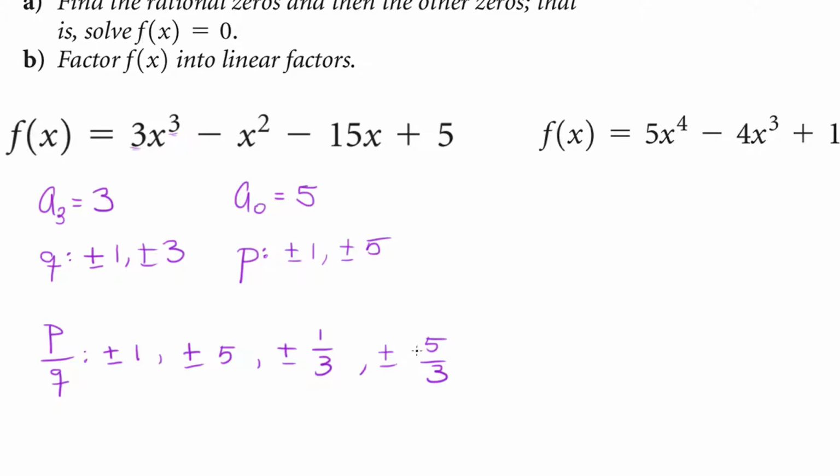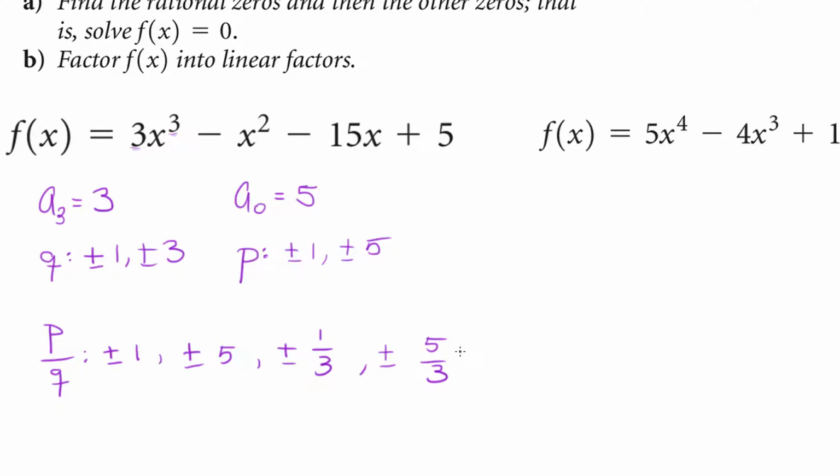Okay? Now the theorem says if this polynomial has any rational zeros, it must be inside this list, all of them. Now, notice that it doesn't say that it's going to have a rational zero. Okay? So therefore, this is not an existence theorem.